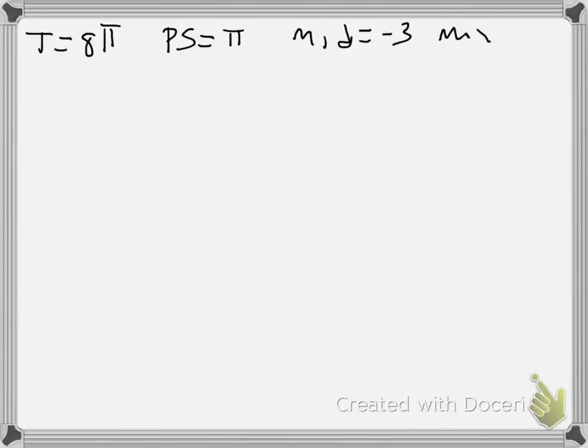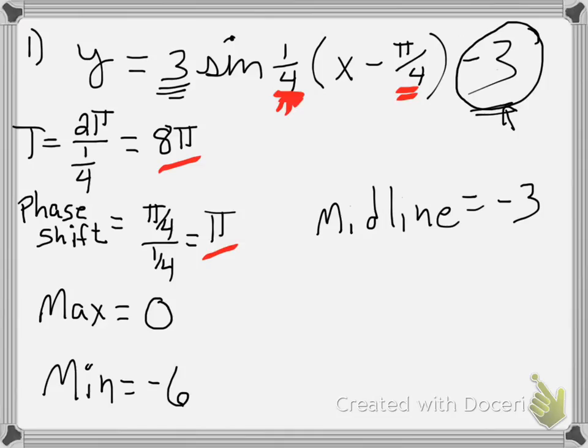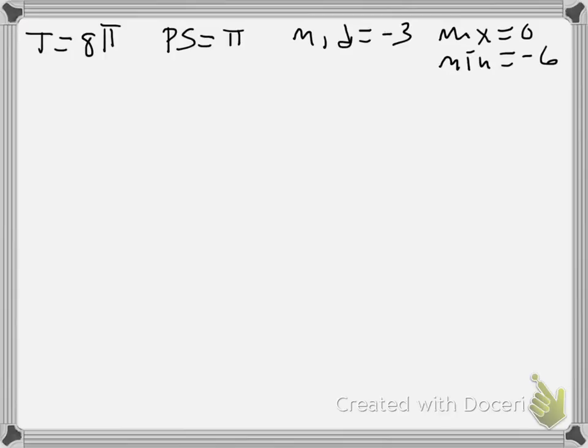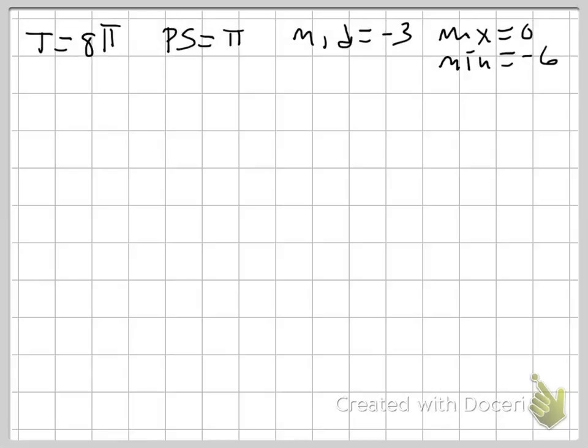The maximum is 0, and the minimum is negative 6. Okay, so there we go. We've got all that information, and now what we've got to do is just go ahead and put it on a graph. And let's do that.